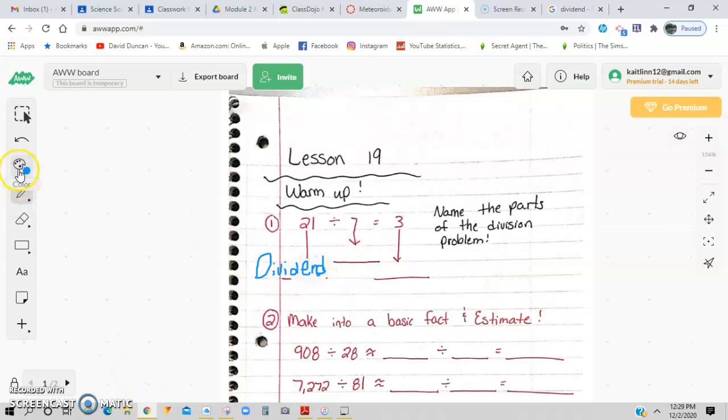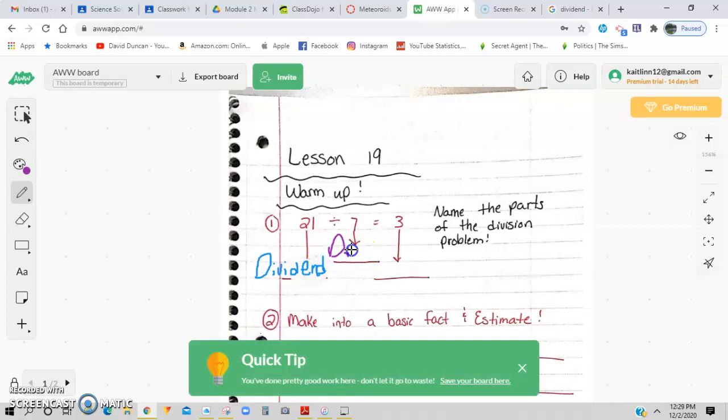The second part of our division problem is the divisor. So I'm going to go ahead and spell divisor, D-I-V-I-S-O-R. Okay, again, we're just labeling the parts of our division problem.